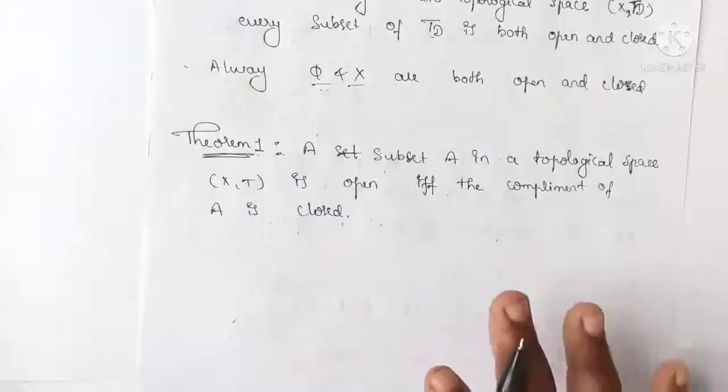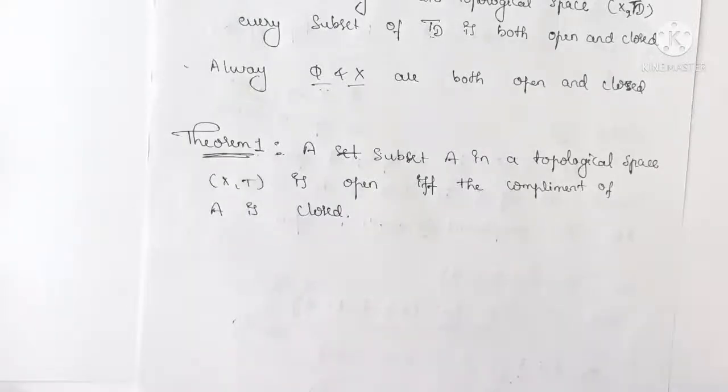So as we have defined, a subset is said to be closed if its complement is open.